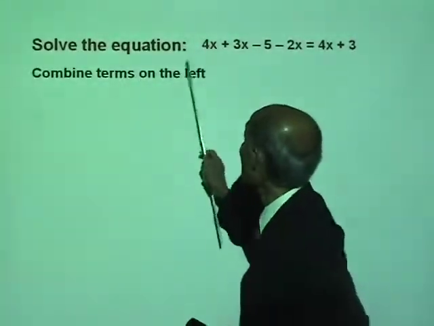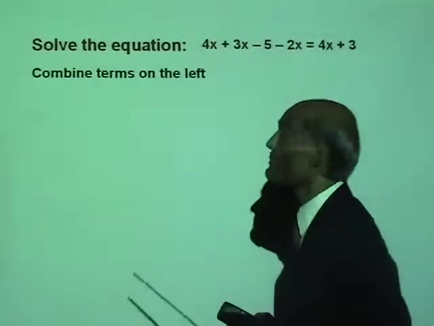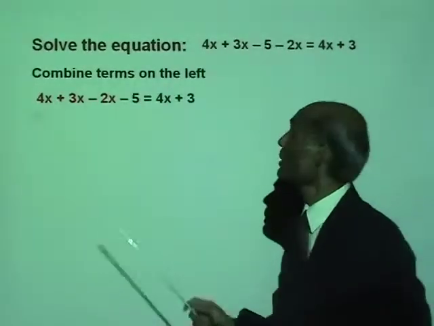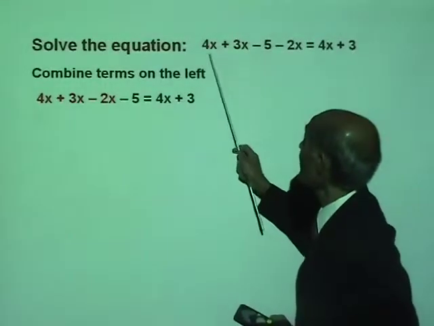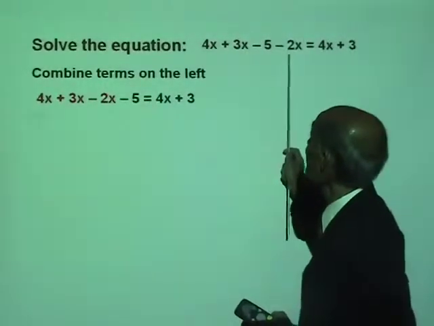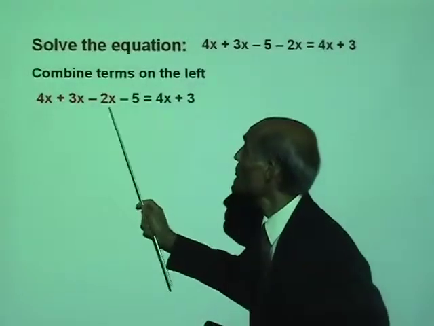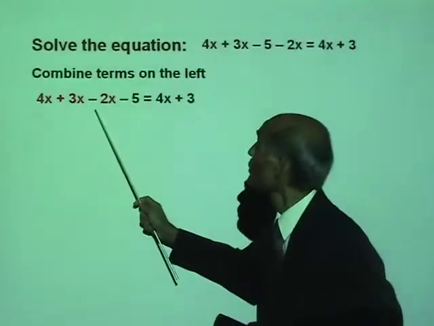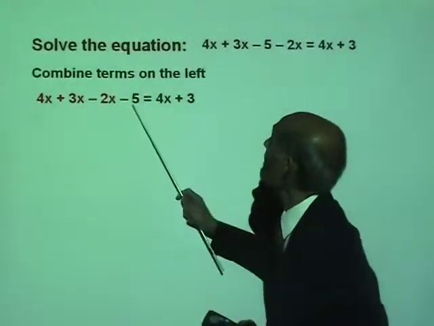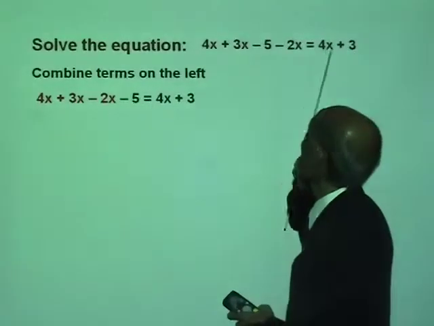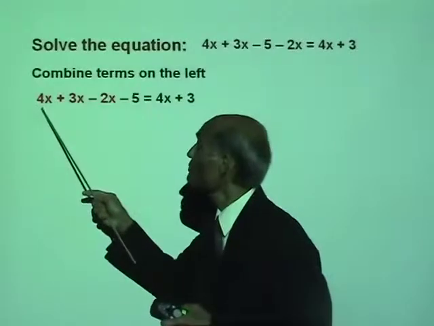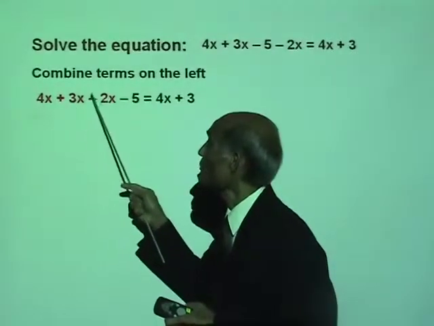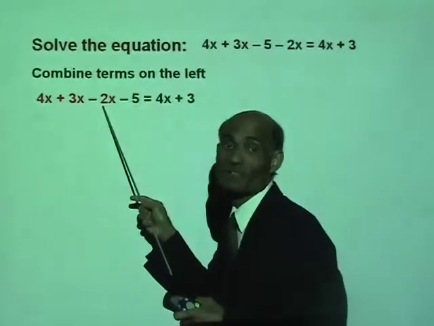So combine like terms on the left. Now write all the terms in x together. That will be 4x plus 3x minus 2x, all the terms in x, and then minus 5 equal to 4x plus 3.